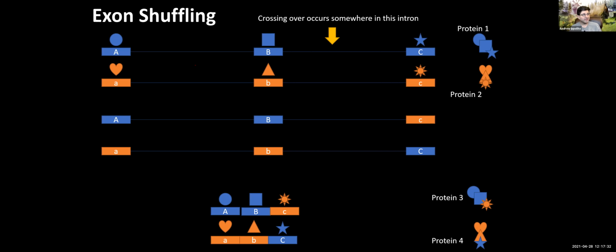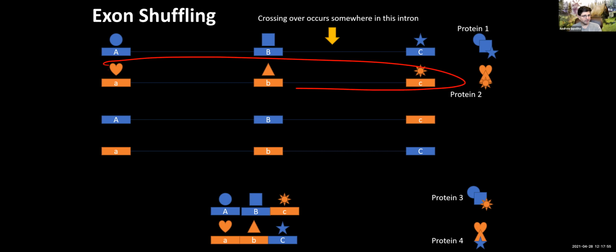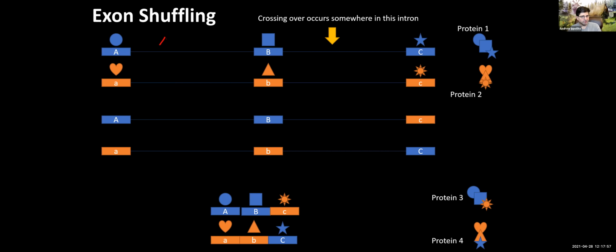So I want you to now take everything you already learned, but instead of considering different genes, I want you to think of a gene with 3 different exons, 3 different domains, A, B, and C. On this slide, the blue one represents whatever you got from mom, and orange would be whatever you got from dad. So there's your genotype, capital A, capital B, capital C, lowercase a, b, c.